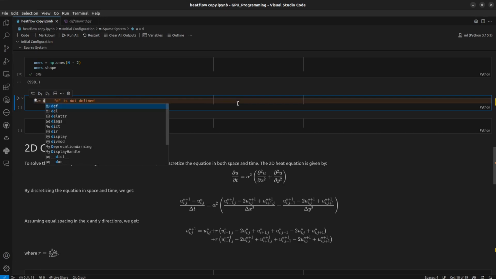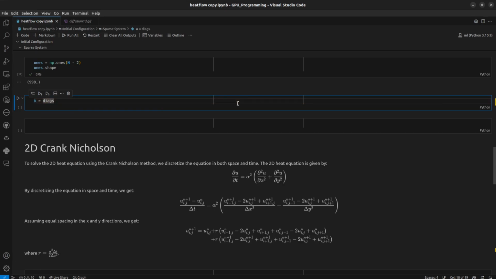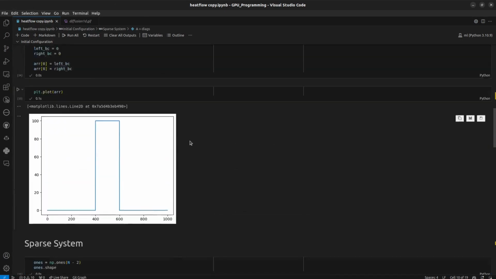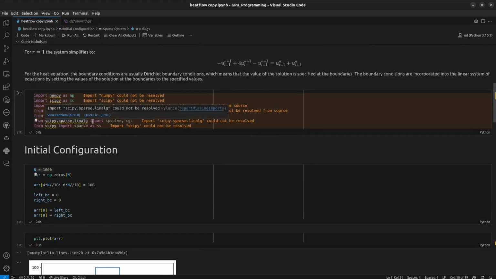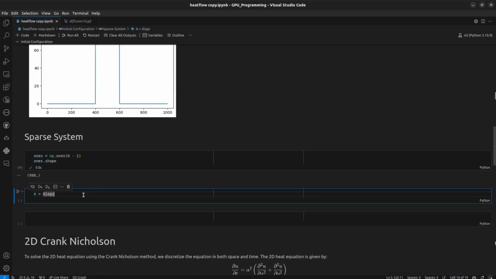Now we're going to create a tridiagonal matrix, which is done using the diags method from the SciPy Sparse library. What we're doing is, we just give the values that we want to write on the diagonal. In our case, it's just going to be some multiple of 1s. For the first off diagonal below the diagonal, we're going to need 1s.